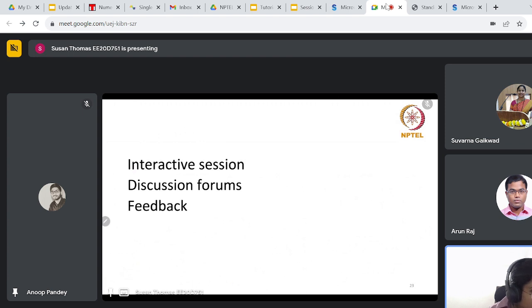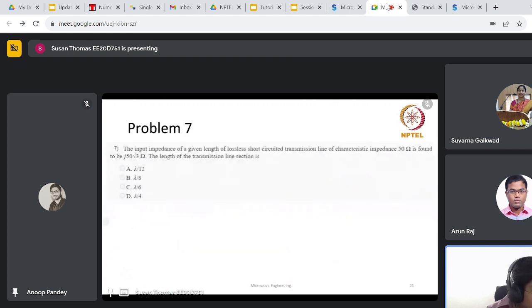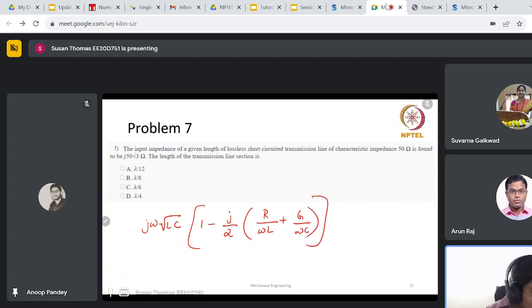So we'll try to expand it here. j omega root LC into 1 minus j by 2 into r by omega L plus g by omega C. Okay, so this is your gamma, which is alpha plus j beta.